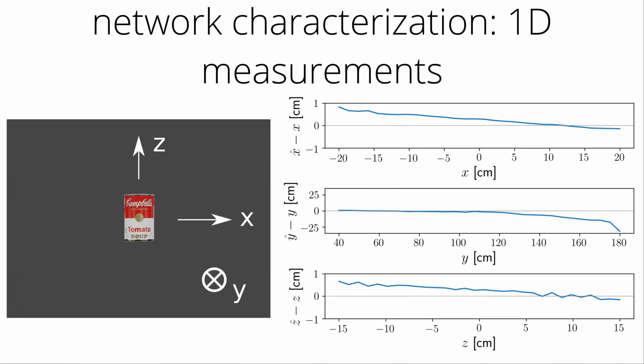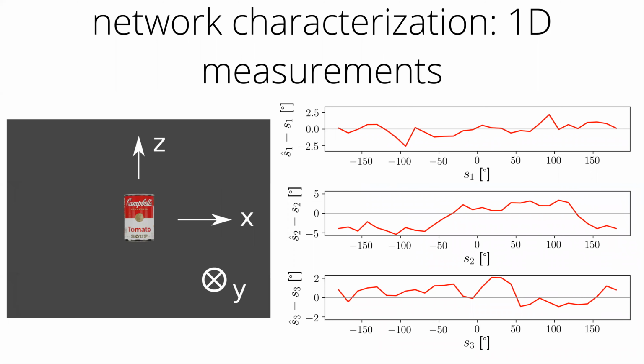Then we did the same experiment, but in the Y and Z directions as well. And we can see that we also have similar state-dependent bias behavior, which we saw in the X direction. We then did a similar experiment where we rotated the object around the X, Y, and Z axes and calculated the bias in rotation.